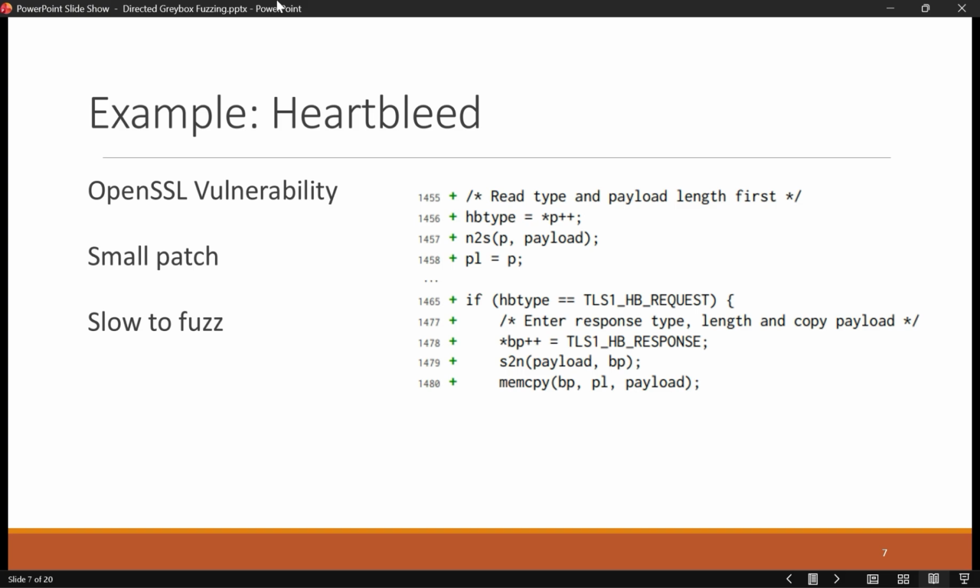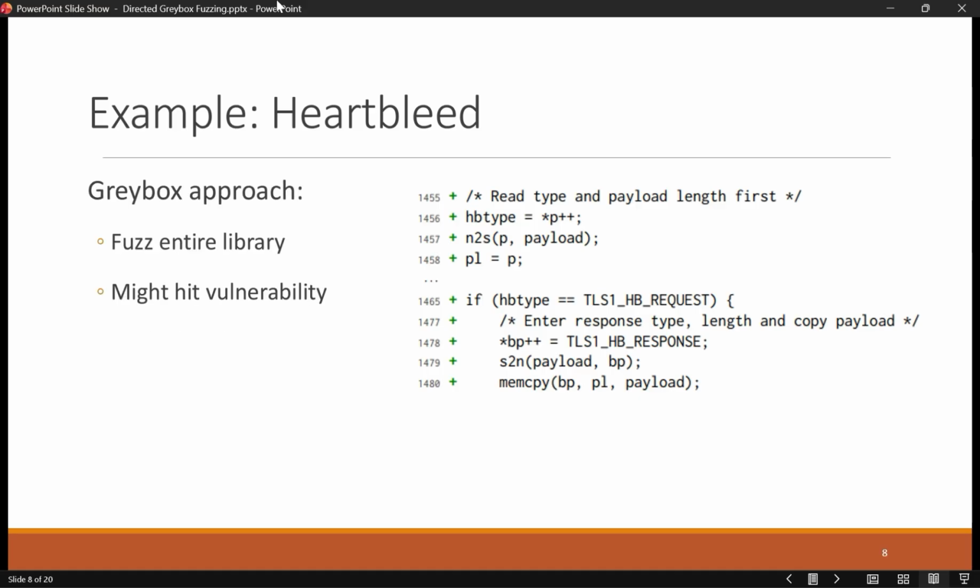And as you can imagine, OpenSSL is a huge library. So if you were to try and fuzz this with a Greybox fuzzer, it would take a ton of time for each iteration of the fuzzer. Looking at a Greybox approach, you would fuzz the entire library, each iteration of the fuzzer, and you may or may not hit the vulnerability.